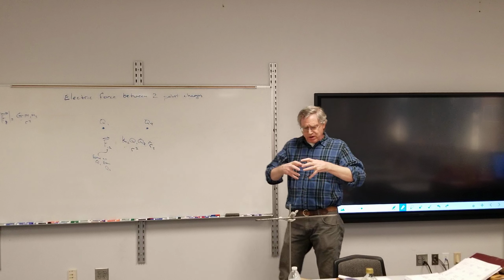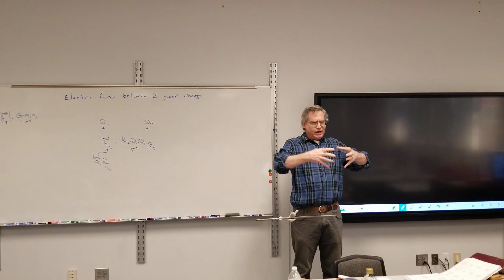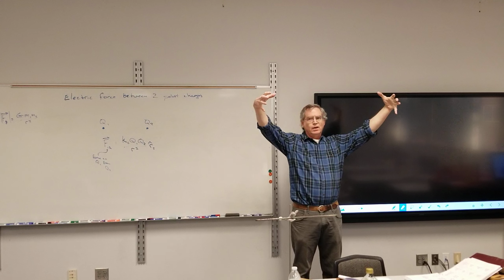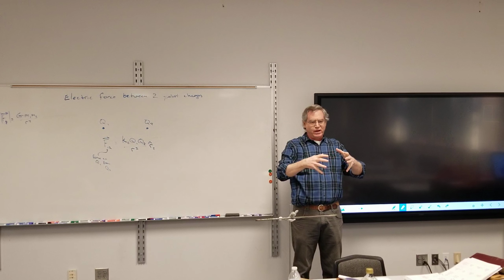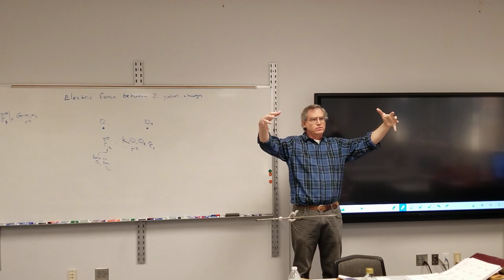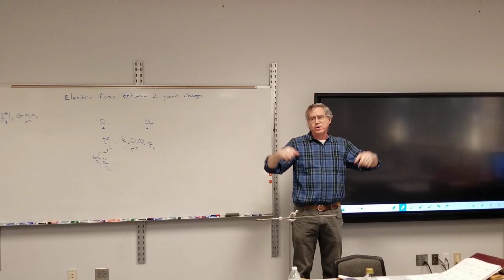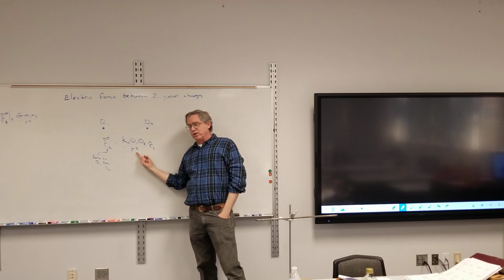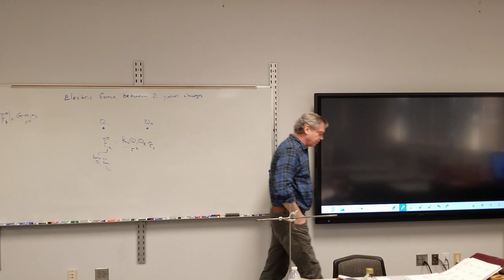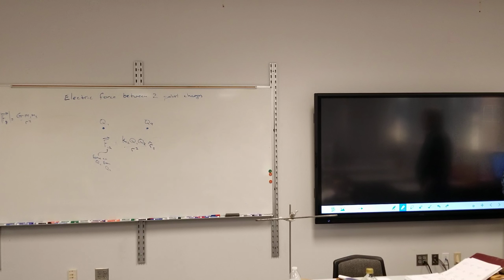But charge 2 is giving off something that is shot out in every direction. The farther out this wave goes, the more spread out it is. Since the surface area of a sphere is proportional to r squared, it makes sense that we have r squared here. The fact that both charges have something to do with it makes sense, and then we need units, so that's K sub C.